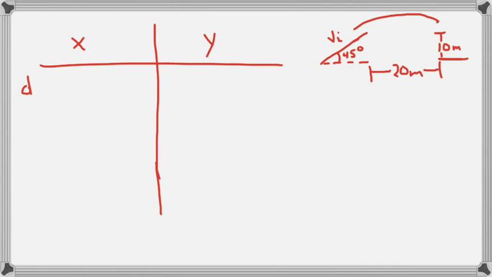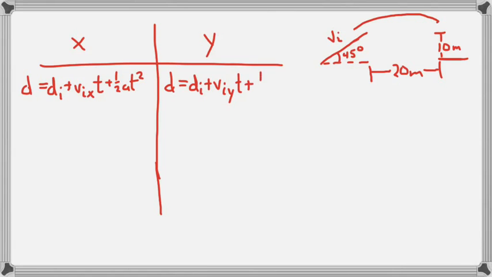So we have displacement in the x direction equals its initial displacement plus its initial velocity in the x direction times time plus 1/2 at squared. And we're going to do the same thing in the y direction. There we go.